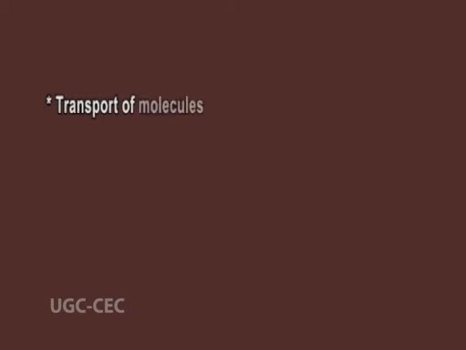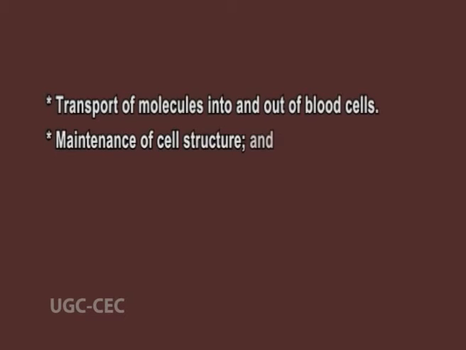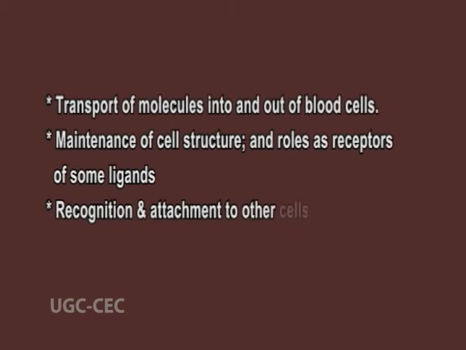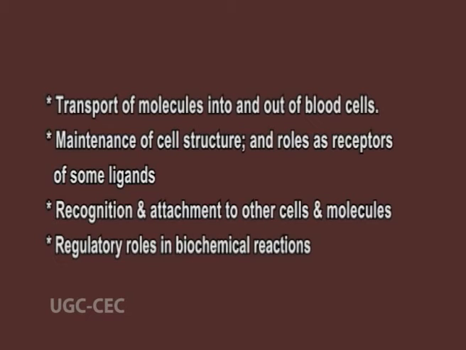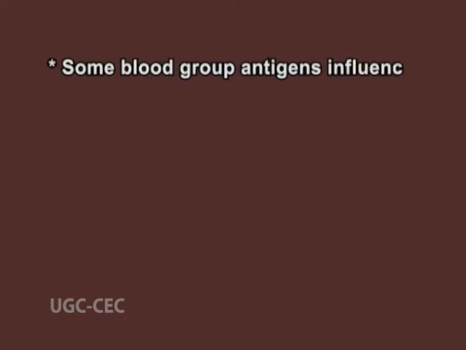They mediate transport of molecules into and out of blood cells. They also have role in maintenance of cell structure as well as receptors of some ligands. They mediate recognition and attachment to other cells and molecules. They also have regulatory roles in biochemical reactions. Some blood group antigens influence the lifespans and morphologies of red blood cells.